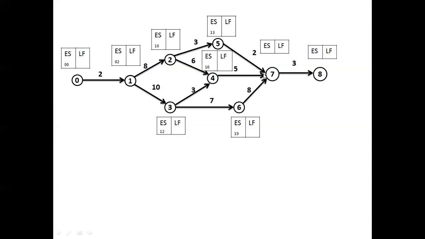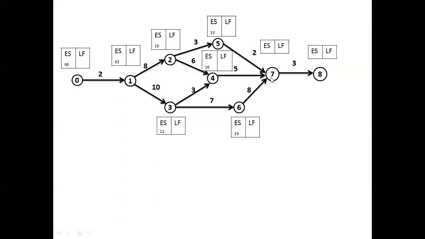The earliest possible time the activity 7 to 8 can start is the time on which all these three activities are completed. Suppose we consider 5 to 7. The 5 to 7 activity starts on the 13th day, takes 2 days for completion, then it will be completed on 13 plus 2, the 15th day.